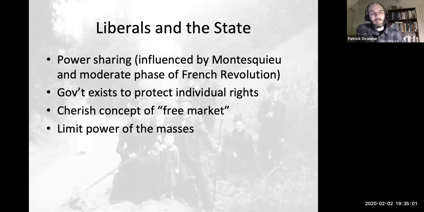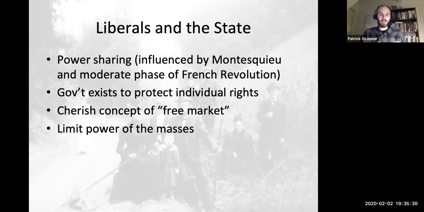It's a concept that takes for granted that everybody is basically equal all the time, which is obviously not true. And liberals will spend roughly the next 200 years after this, up until right now, even in our presidential election right now, trying to defend this concept of a free market. And we'll come back to this idea throughout the course as well. Okay.